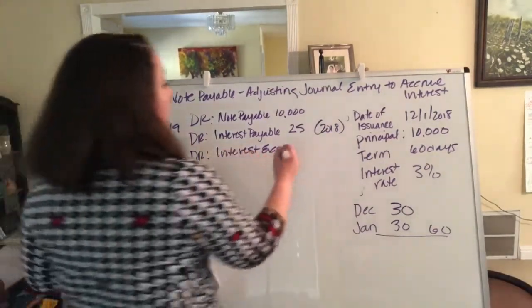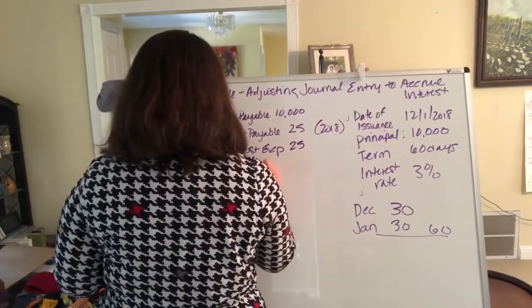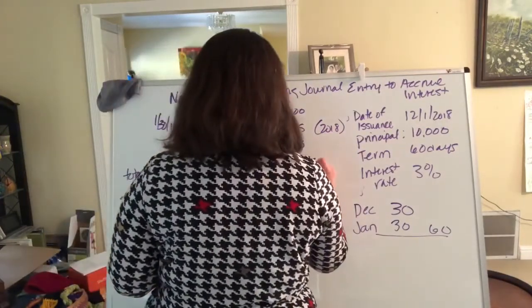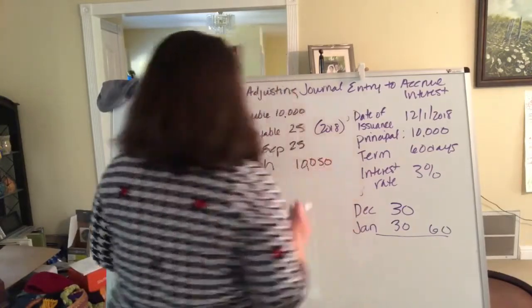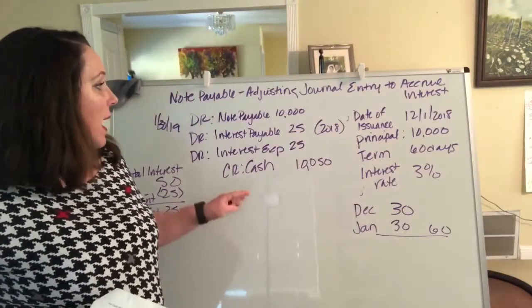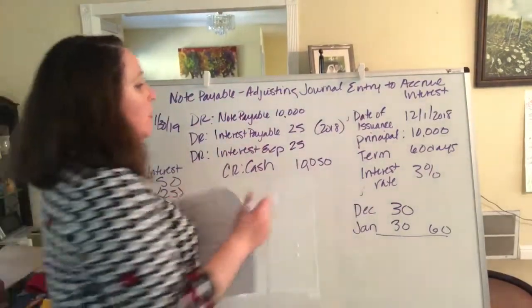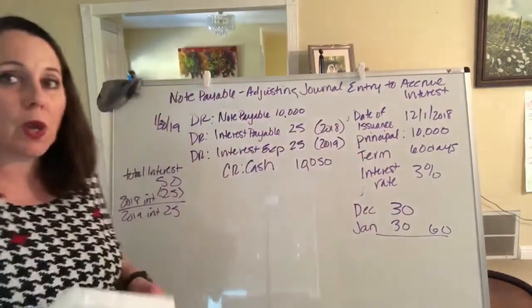So we'll debit interest expense for 25. And then we're going to credit cash for $10,050 to pay off all of the interest at once when the note is due, okay?